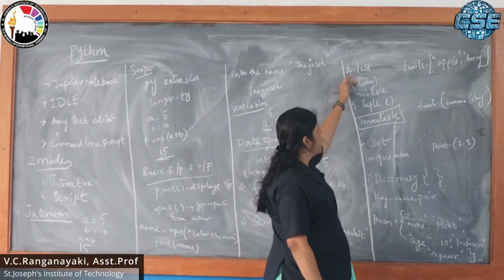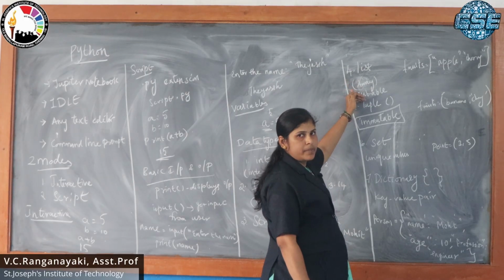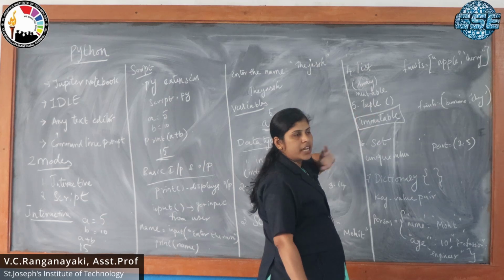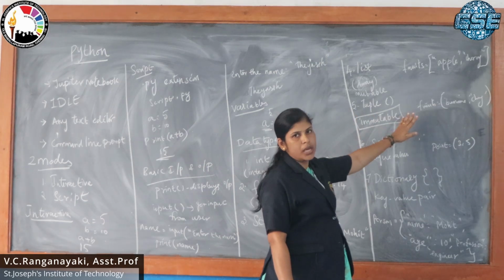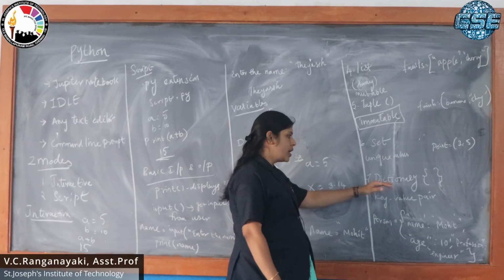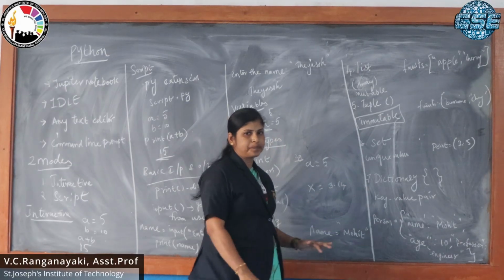So list is similar to an array, and it is mutable. Mutable means we can change. And tuple is immutable, we can't change the items once we declare. Next, set comes under unique values. Next, dictionary comes under key value pairs.